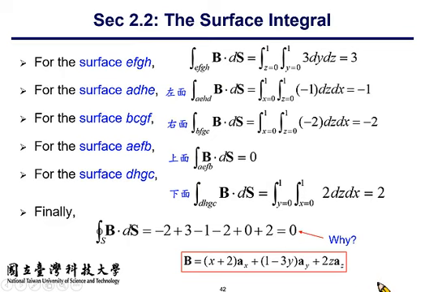Equals 0. What is the significance of this result? This indicates, or this verifies, that the magnetic flux density expressed in this form is a legitimate magnetic flux density.